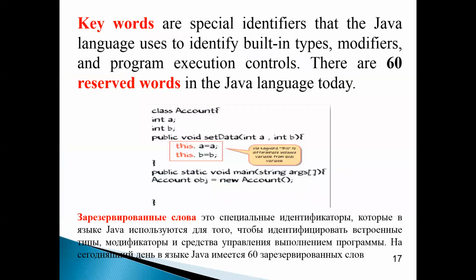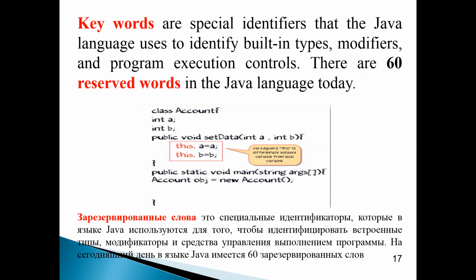Next, keywords. Definition: keywords are special identifiers that the Java language uses to identify built-in types, modifiers, and program execution controls.